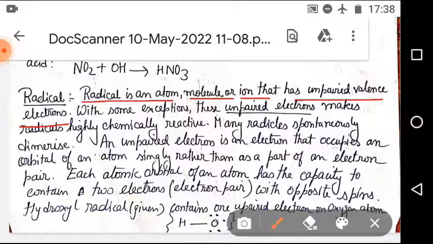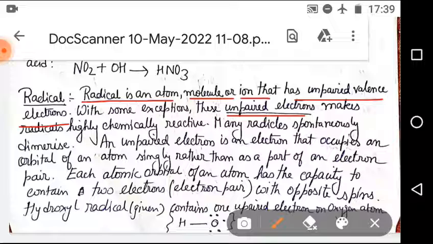According to the octet rule, the last shell, or the last orbit, of the atom should have at least 8 electrons. I can visualize you in the past, when you studied this.